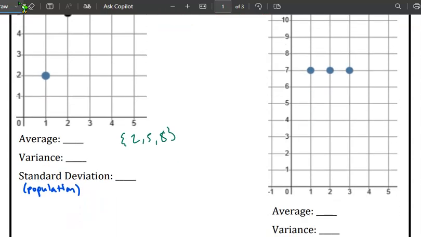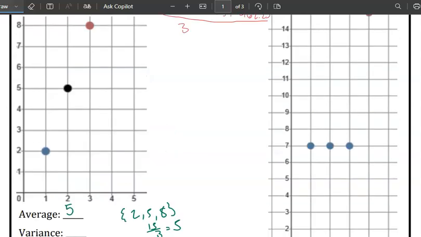To find the average, we just add those together and divide by 3. The average is 5. So let's draw a line where that average is.